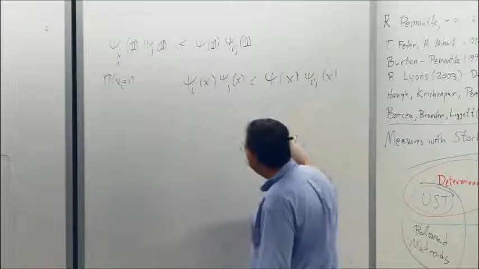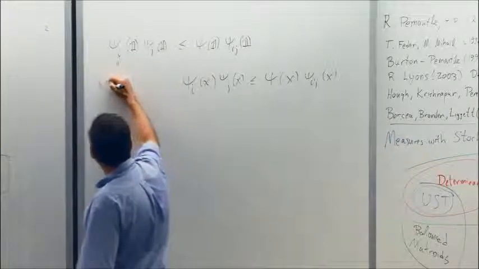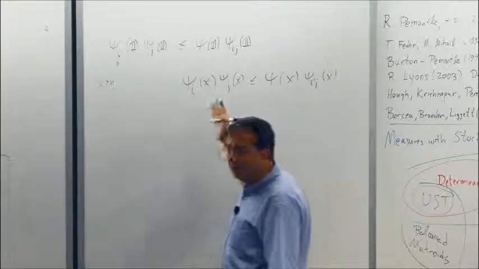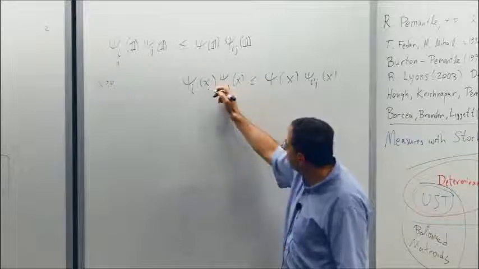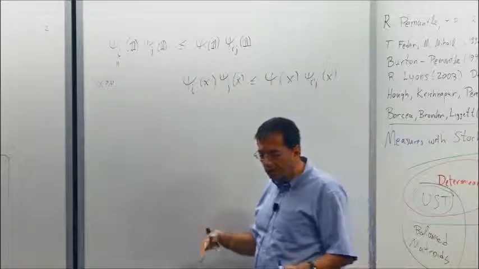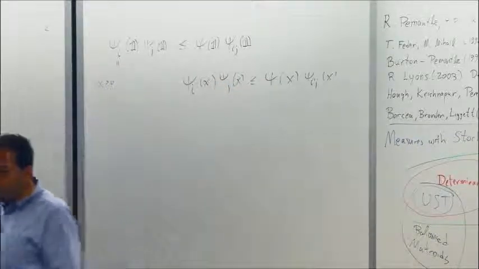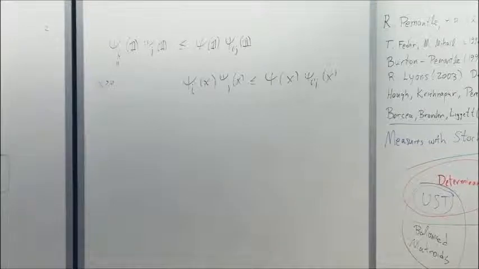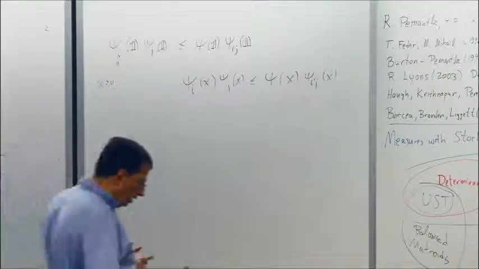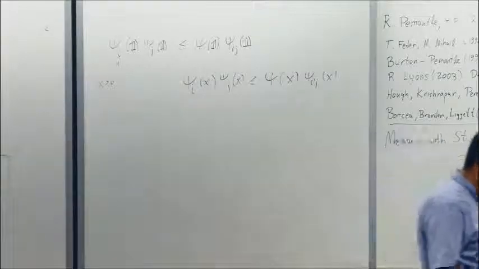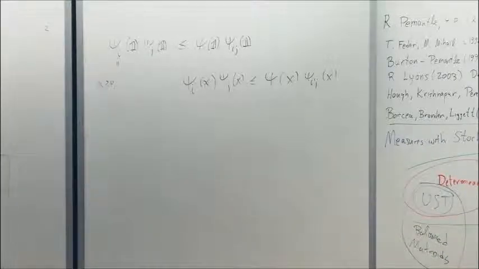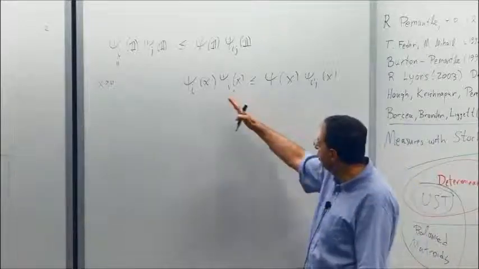This is for positive vectors x, and this is known as the Rayleigh property. It comes from the fact that when you contract an edge, you decrease all effective resistances. So this has led to this definition.